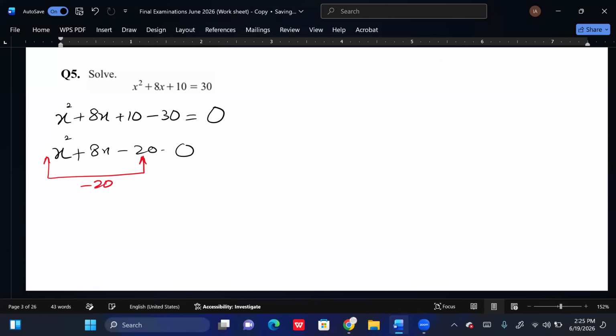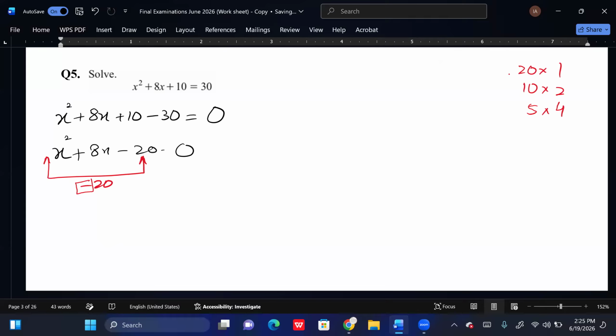Now we need to think of two numbers such that if we multiply, we will get negative 20. So I have a possibility of 20 times 1, another possibility 10 times 2, and another possibility 5 times 4. But remember, this sign of subtraction tells me that the two numbers should be subtracted.